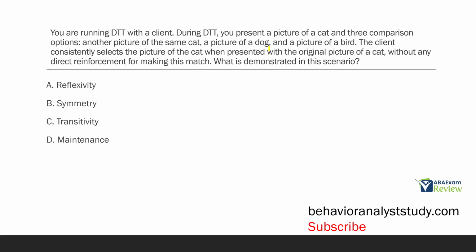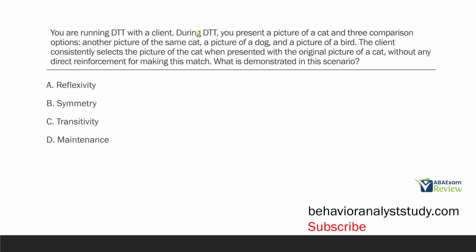So immediately we have a pretty straightforward stimulus equivalence question. And when we think about stimulus equivalence, it seems like a daunting topic, but it's really not. You're really just thinking about matching to sample and making connections and relationships between pictures and words and ideas.